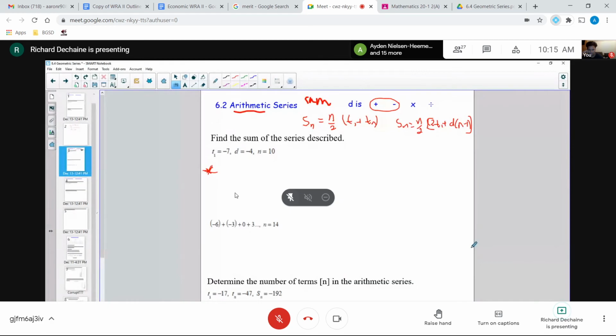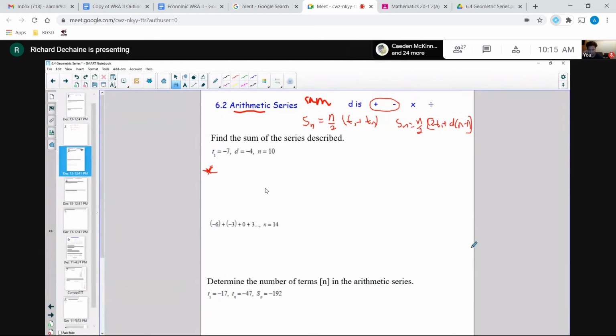So this is page 2 of your note package, or if you're doing it by loose leaf, up to you. That's the question we're hoping to do right now. Okay, so if you're not sure, obviously we're probably going to use the formula with a d in it because this one has a d. This term is subtracting by 4s.